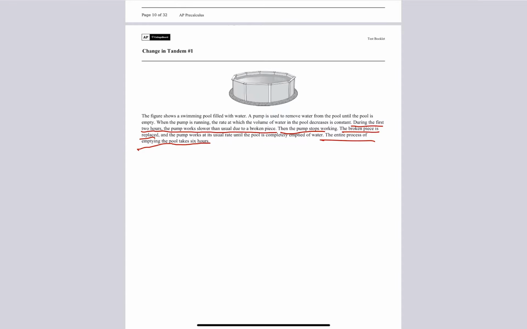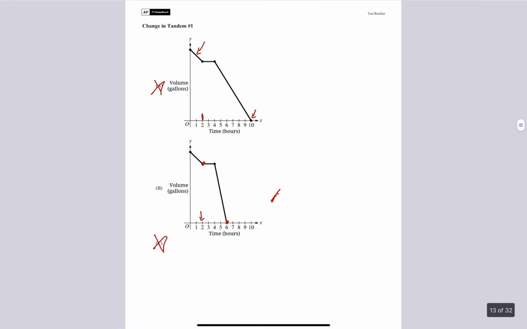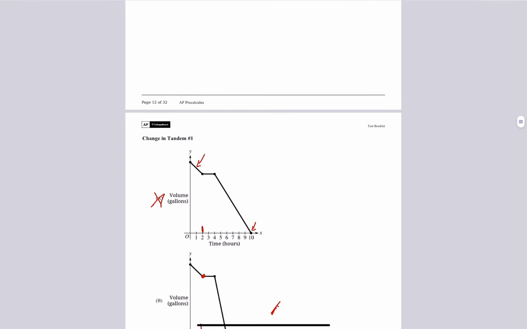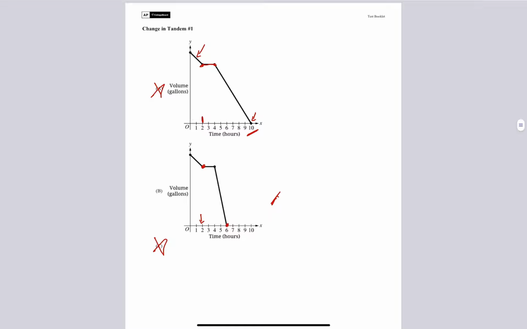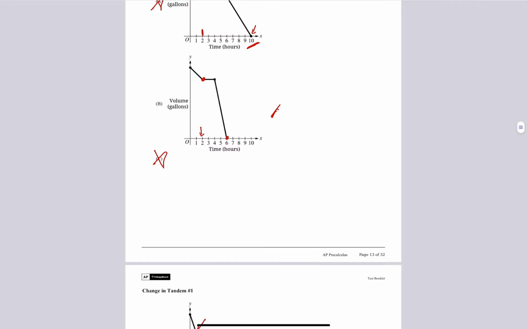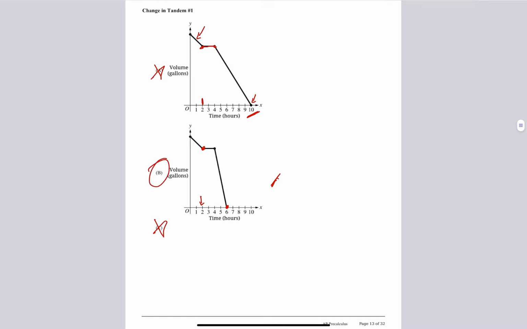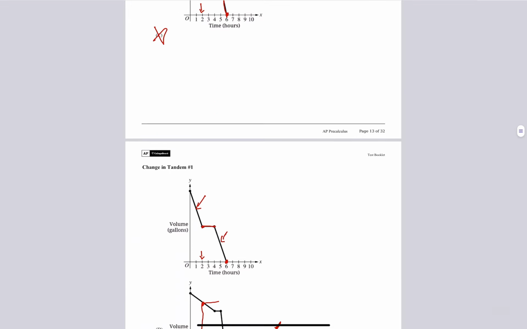Then it stops working. Then it got fixed, then it worked. It's not A because it took them 10 hours to empty this pool. It is definitely B because at 2 hours it stopped, then they fixed it, faster rate, at 6 hours we're done, which is the answer.